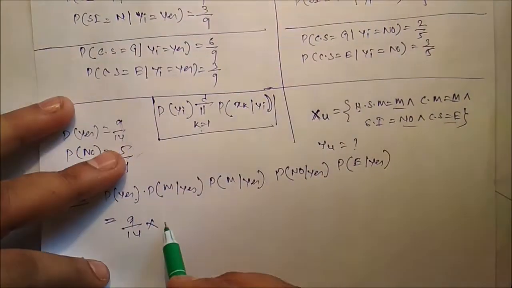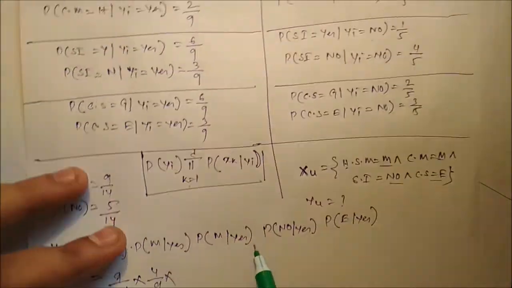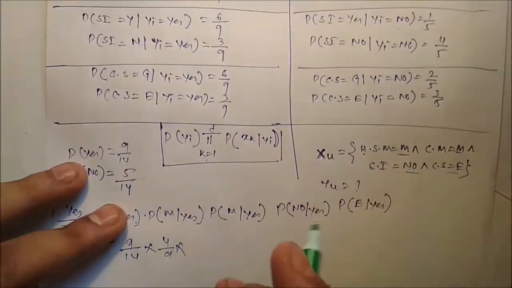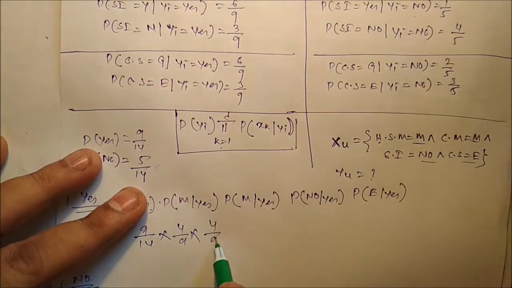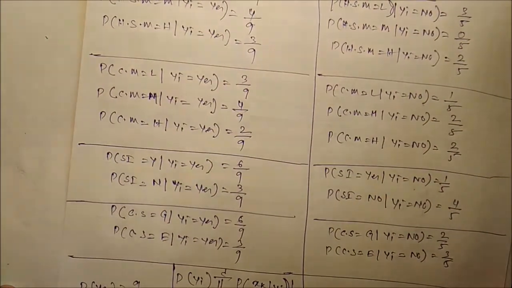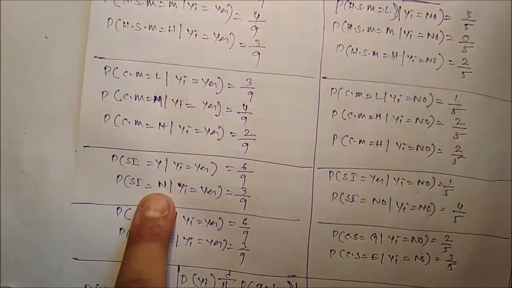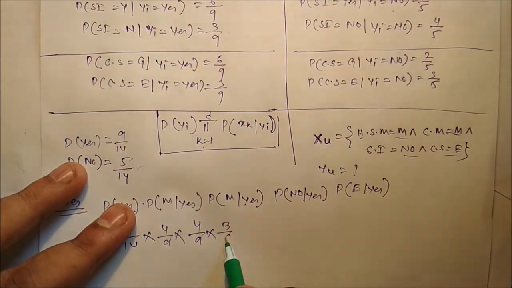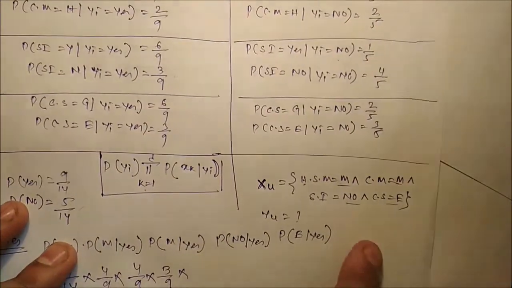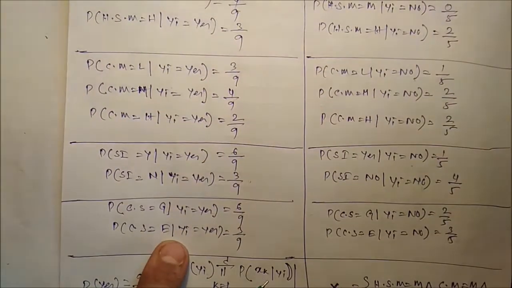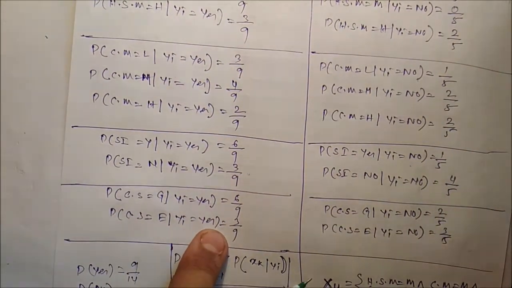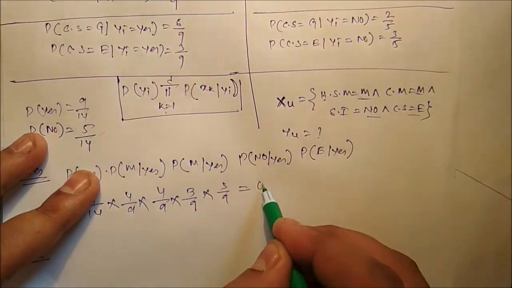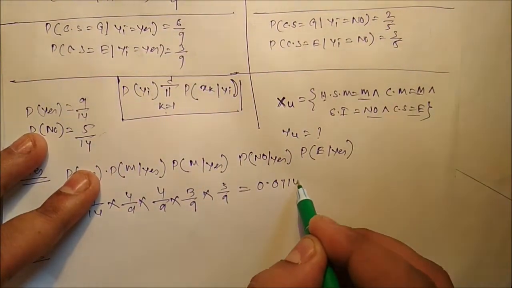If the college marks is medium and yes, it is 4 by 9 once again. If sports interested is no and the given class is yes, it is 3 by 9. And if the communication is excellent and given class is yes, it is also 3 by 9. If you solve it, you will get the answer 0.0714.